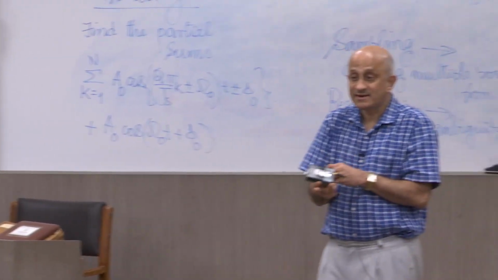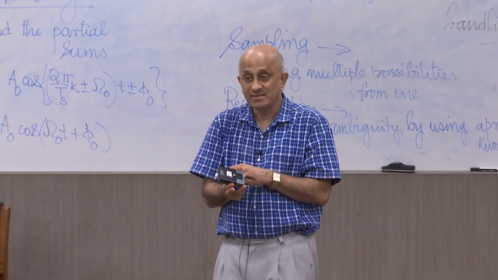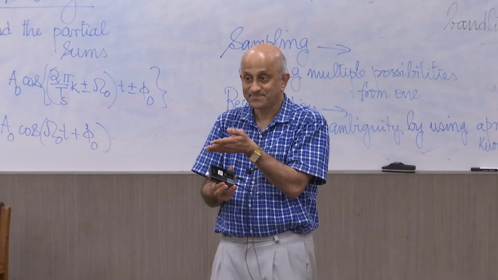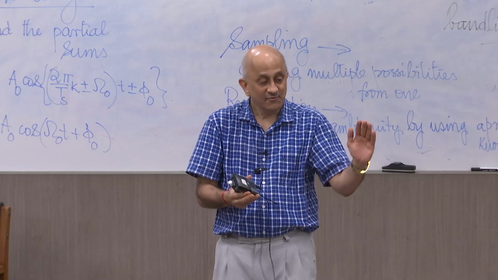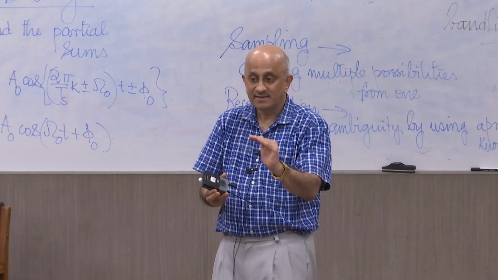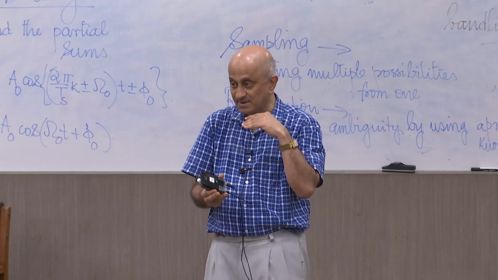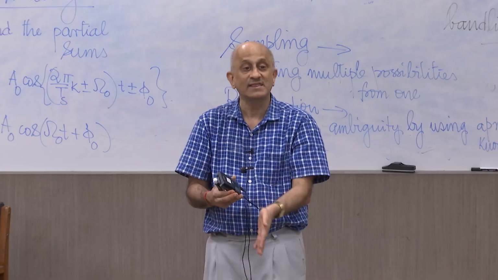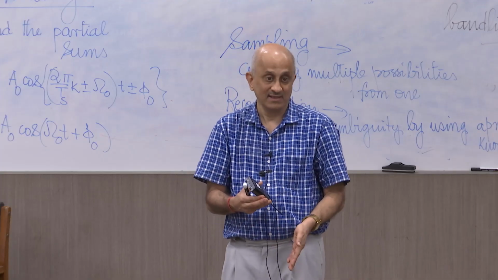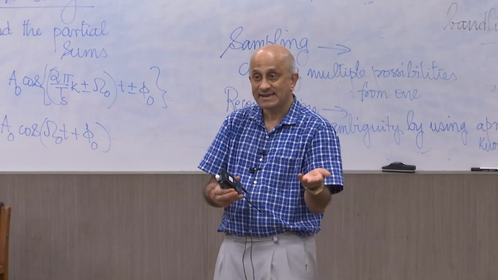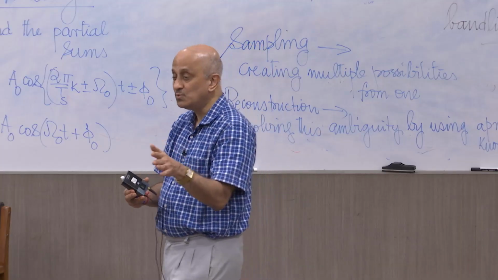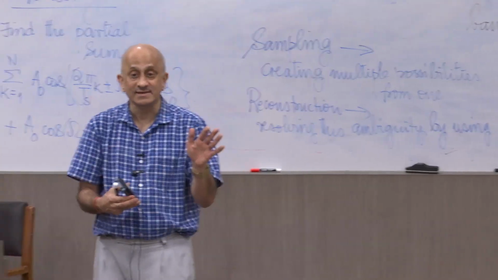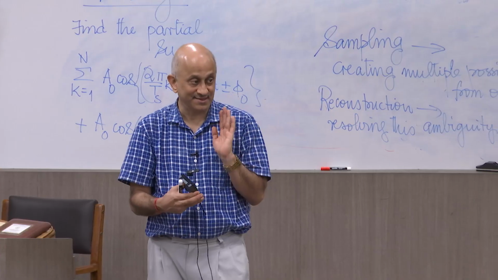And then what do you do? How do you reconstruct the signal from its samples? When you know it's band limited, you can filter the sampled signal so that it retains only up to what you know to be the maximum possible frequency. For example, suppose you knew that your signal was band limited to 10 kilohertz.